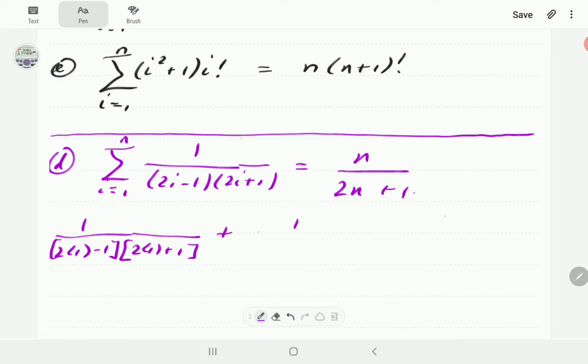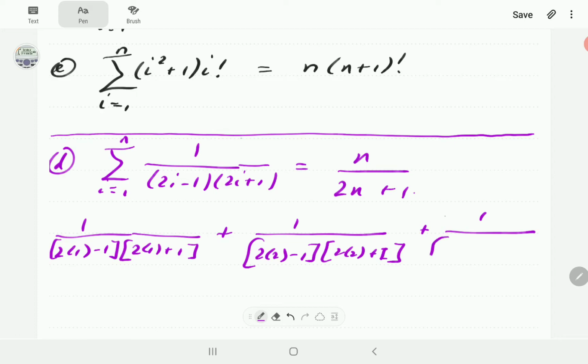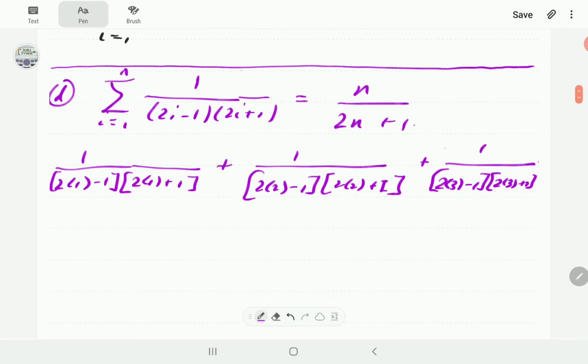The second term is 1 over (2 times 2 minus 1)(2 times 2 plus 1). The third term, 1 over (2 times 3 minus 1)(2 times 3 plus 1), and so the nth term will be 1 over (2n minus 1)(2n plus 1). This is equal to n over 2n plus 1.